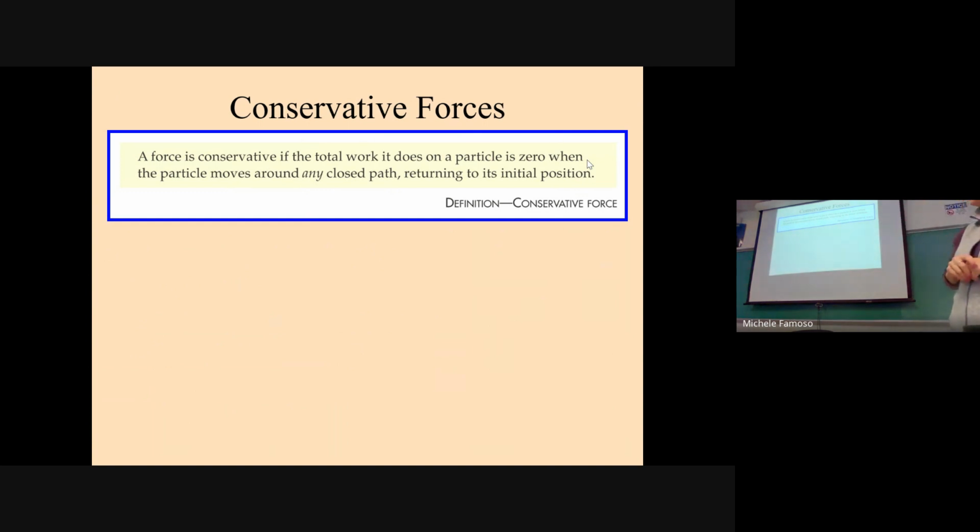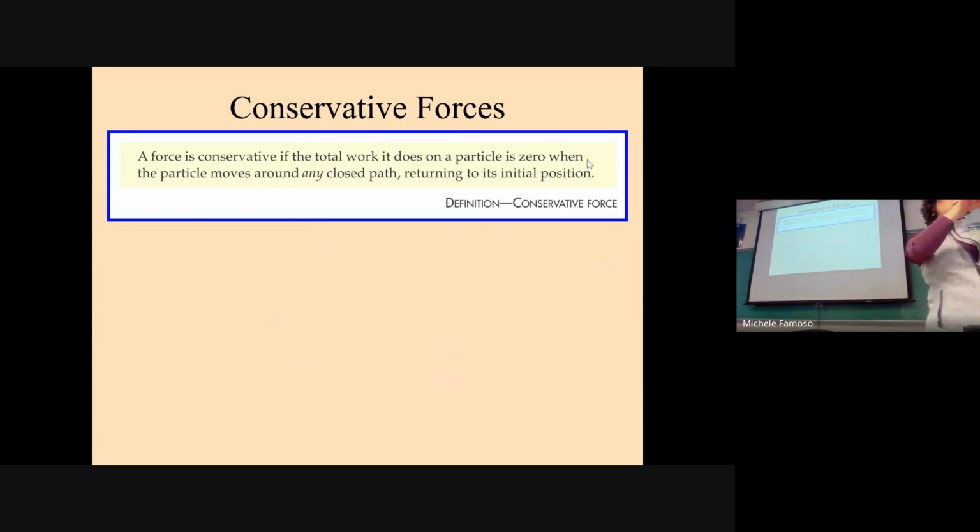You could tell if a force is conservative if the total work that force does on a particle, as that particle moves around a closed path, is zero. A closed path means it starts in one spot, moves wherever, and goes back to its starting point. So I start here. I push it so it moves in all these weird directions.